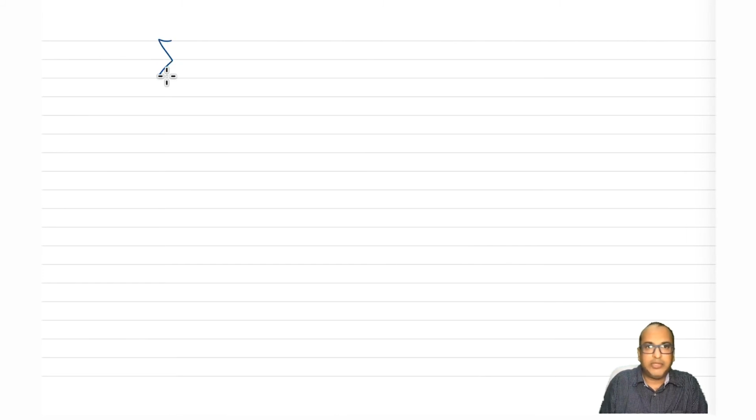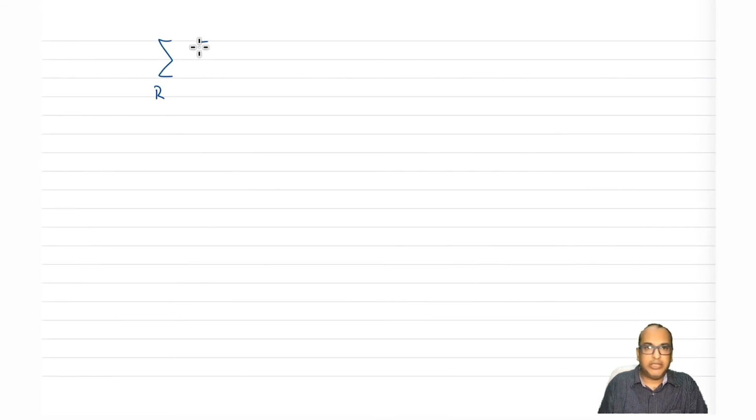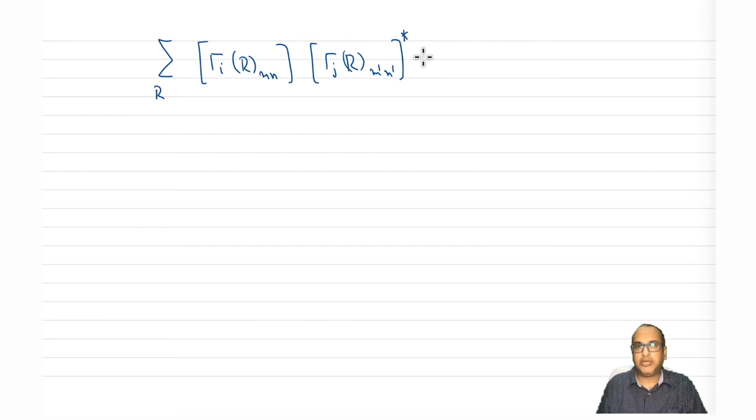So if I have summation over all r, because we are summing over all the symmetry operations, so r here is the symmetry operation. So we are taking summation over all r, and we are talking about tau i r m n and tau j r m prime n prime, and then we have to take the complex conjugate of this.